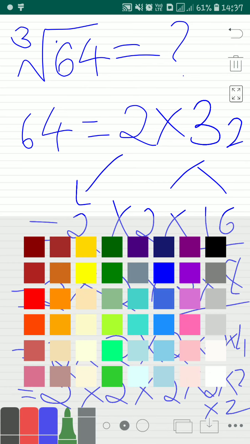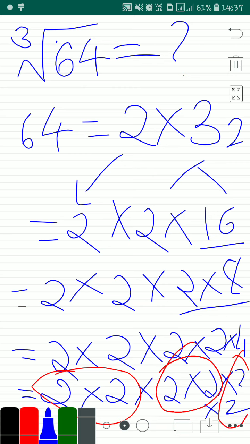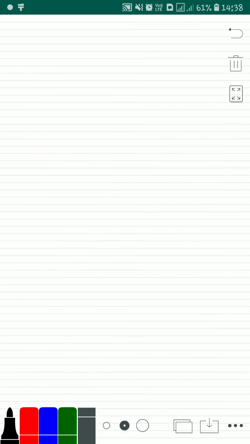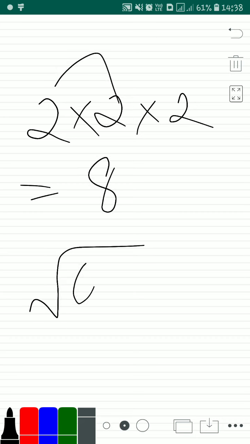So I'm left with 3 groups, sorry, of 2 2 2, from which I have to choose one, that is 2 2 2. After choosing 2 2 2, I get 2 into 2 into 2, which is equal to 2 2s are 4 and 4 2s are 8. So the cube root of 64 is going to be 8.